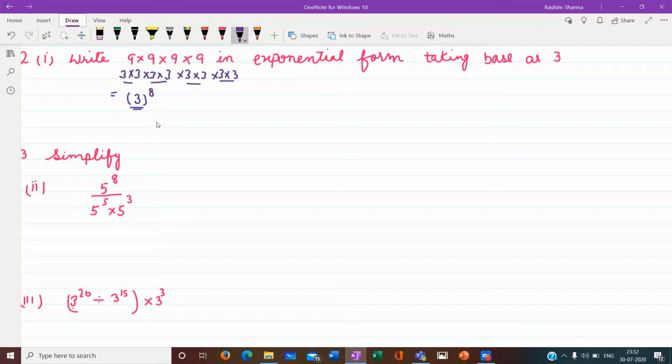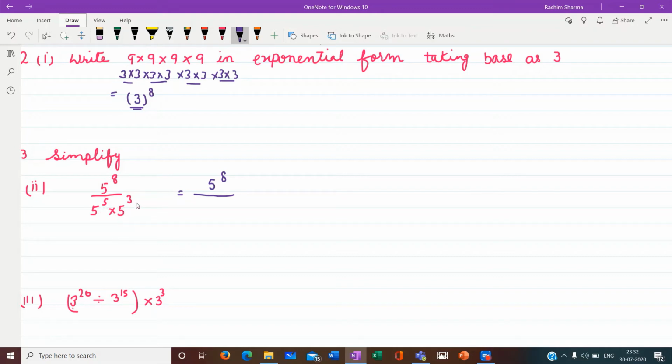Alright. Come to third question. It is simplify. Here we have 5 raised to power 8 upon 5 raised to power 5 into 5 raised to power 3. So we have done here first law of exponents, in which we have seen when we have two numbers of the same base in multiplication like this, 5 raised to power 5 into 5 raised to power 3. Here base is common 5 and multiplication is there.